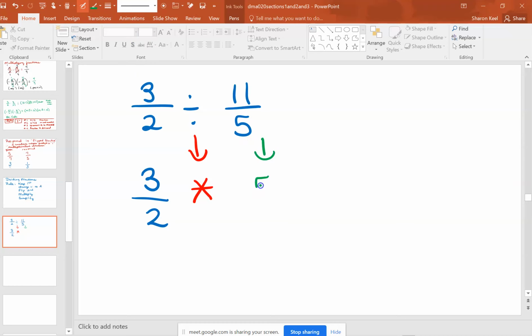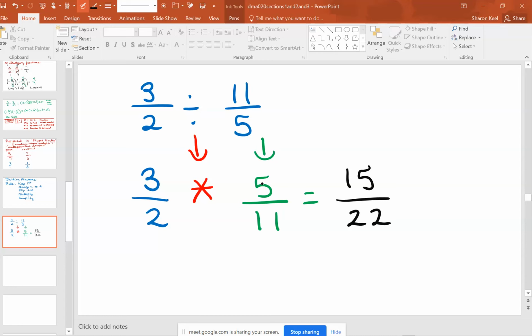So when I flip this, it would become 5 over 11. Now I multiply. 3 times 5 is 15, and 2 times 11 is 22. So we keep, we change, and we flip. So when we are doing a division problem, that's what we're going to do if we're working the problem longhand.